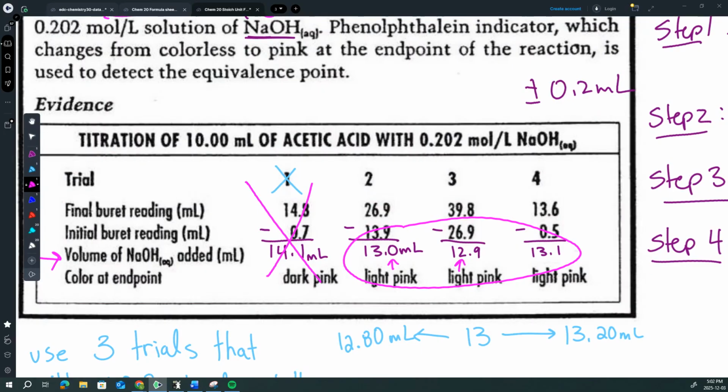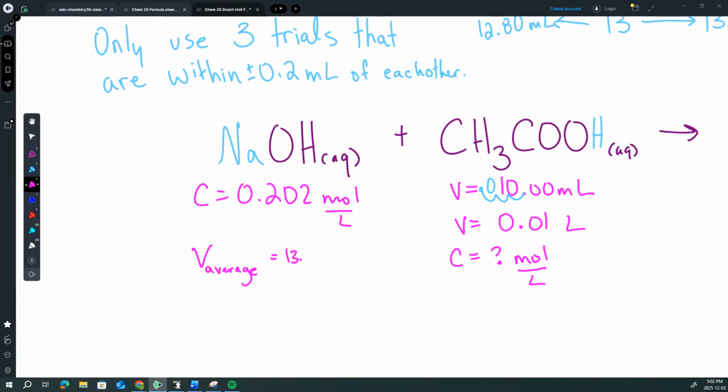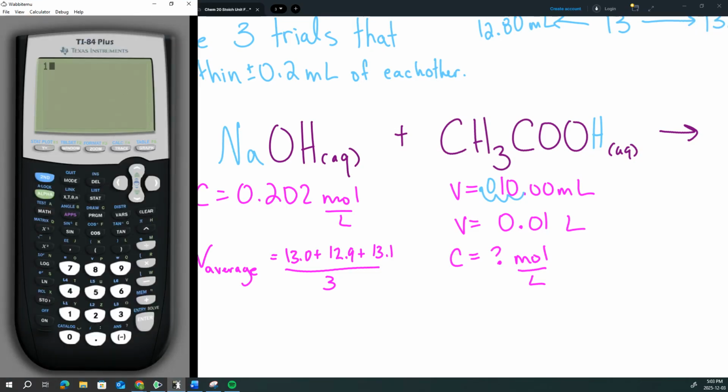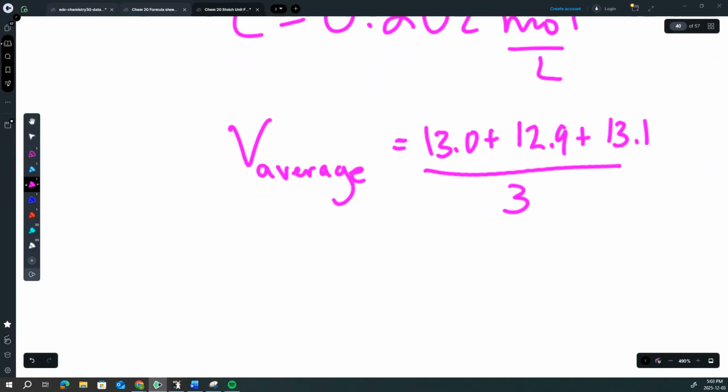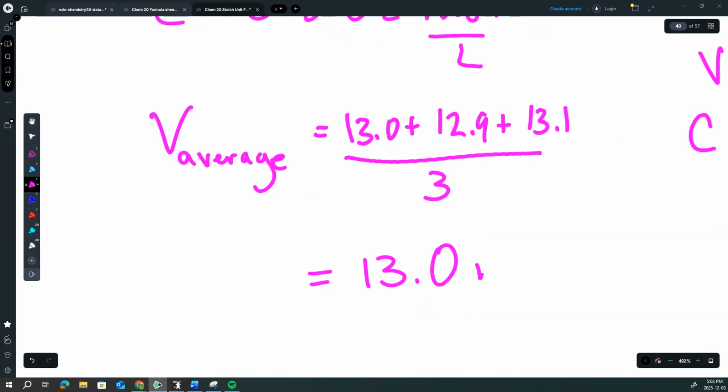So we're going to add all these numbers up, and then since we have 3 numbers, we're going to divide it by 3. So 13 plus 12.9 plus 13.1 divided by 3. So let's get out our calculator. Divided by 3, that's going to give us 13. So that's 13 milliliters.